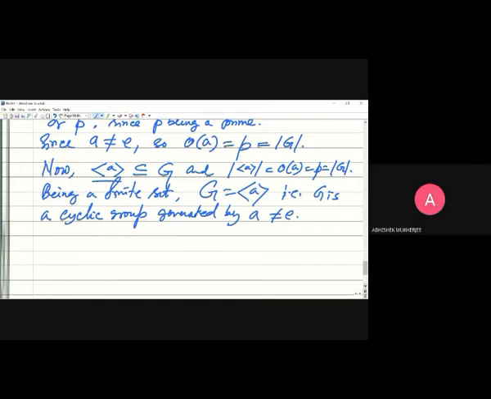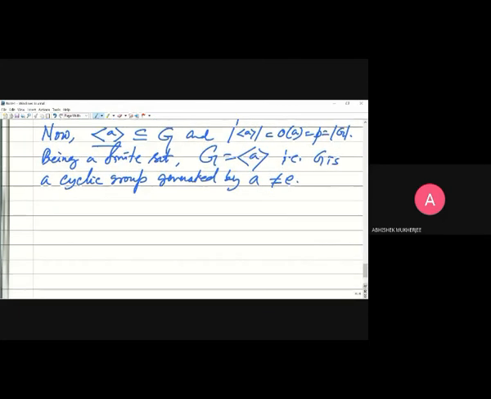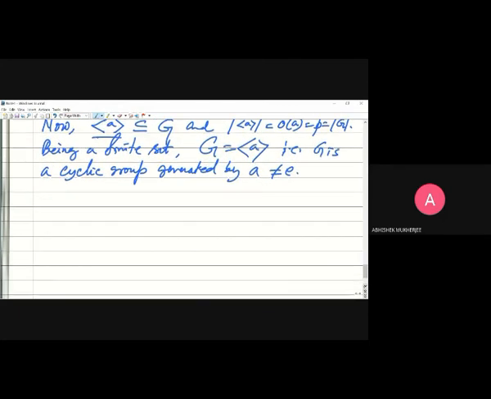Take any non-identity element, this will generate the group if the order of the group is prime. So that is an important fact.